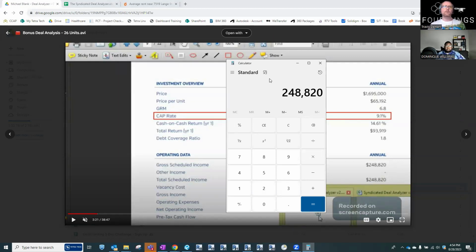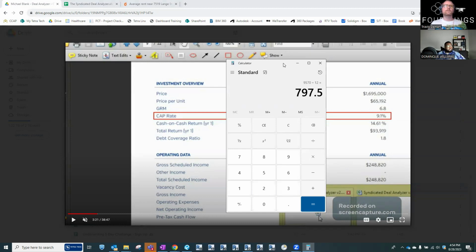If you divide by 26 units, every month they're bringing in $9,500. And now if you divide by 12 months in a year, the average per unit is $797 that this property is bringing in.